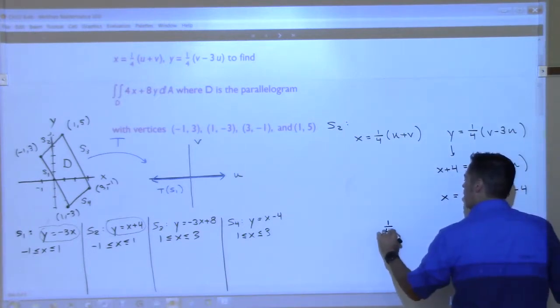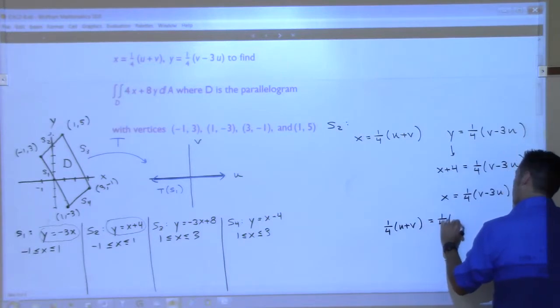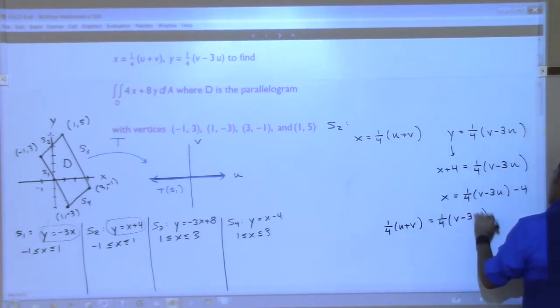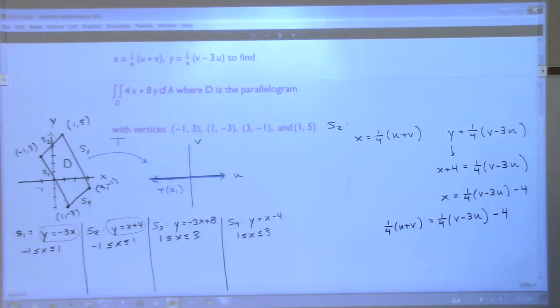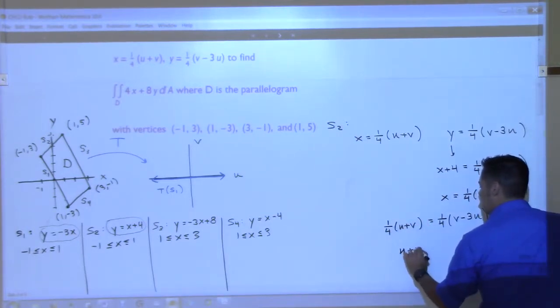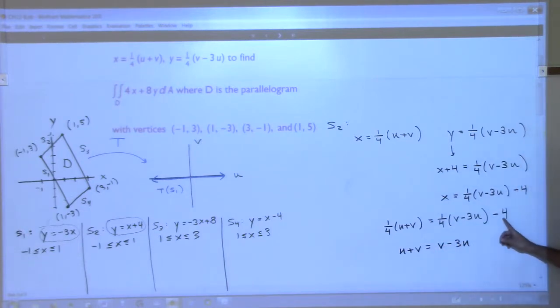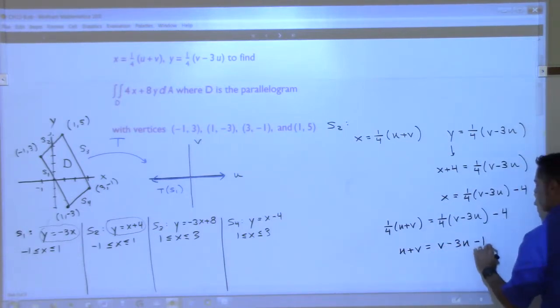So 1/4 u plus v equals 1/4 v minus 3u, then minus 4. So what should I do now? We'll multiply everything by 4. How about that? We'll clear out those fractions, multiply that by 4, we get u plus v. Multiply that by 4, we get v minus 3u. Don't forget to multiply that by 4, minus 16.